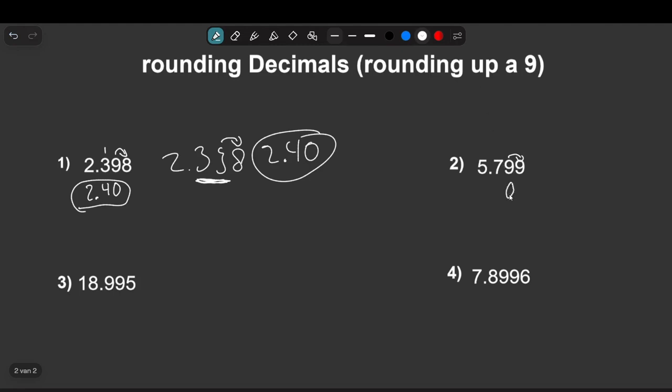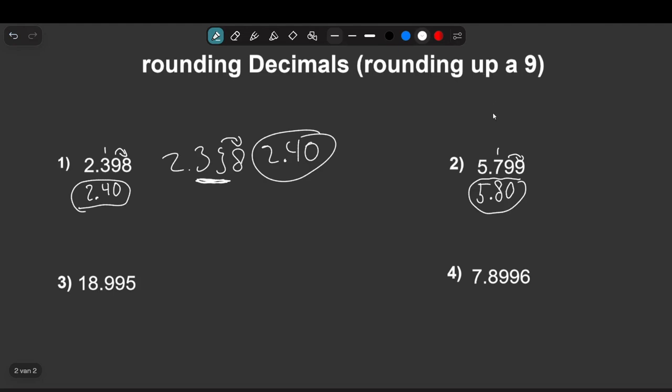And because it turns into a 10, we are going to carry over our 1 and we get 7 plus 1. So 7 plus 1 equals 8. And then you can just write the rest of your number down. And then you will get your final answer of 5.80.